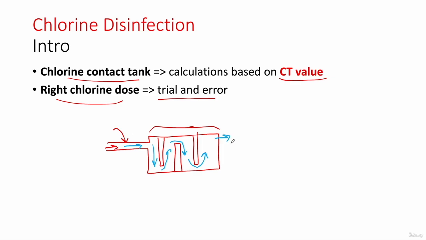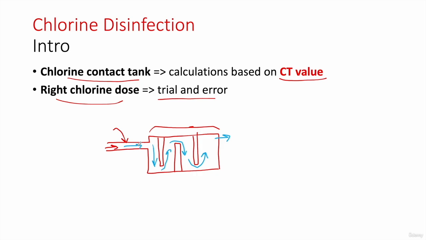We test after the chlorine exits the tank, so after at least 30 minutes, we test the residual chlorine, the concentration that stayed within this water, and we make sure that it is within the limits and standards. And this is how we adjust the initial chlorine dose.